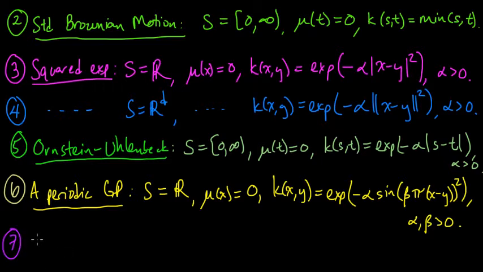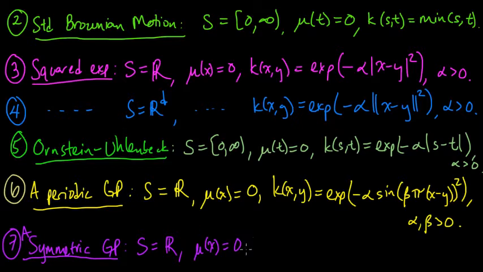And here's one more fun one. This is a Gaussian process which is symmetric about the origin. Again, I haven't verified that this gives us a valid covariance function, so maybe I'll state that caveat.